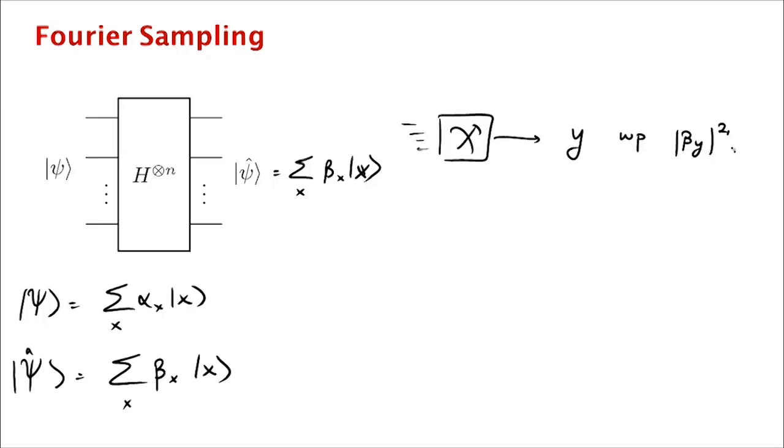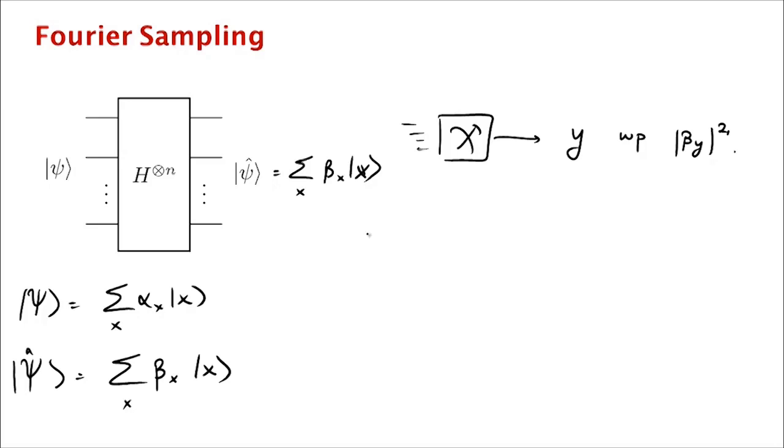We call this Fourier sampling because the Hadamard transform is really the Fourier transform over the group Z sub 2 of addition mod 2. But that's not the important part. That's just a name. The important part is we have this primitive.